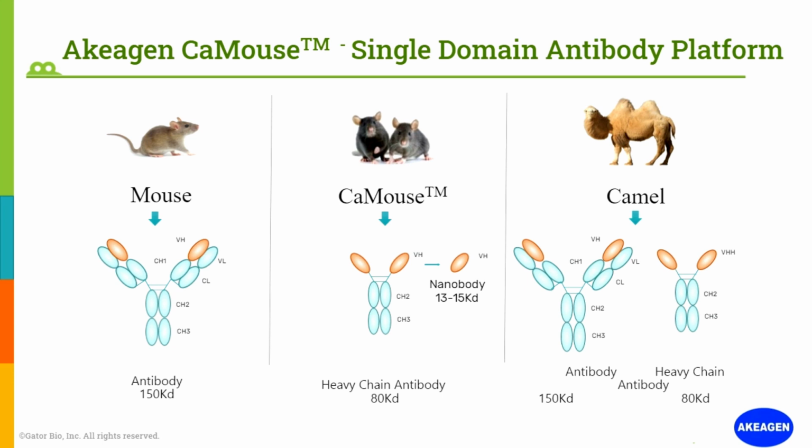So compared to the camel, it's more efficient for screening and for immunization. And the basic idea is that we use the endogenous mouse VH genes to generate the heavy chain antibody instead of using transgenes like other platforms. They use human VH genes or other VH genes to generate this heavy chain antibody.